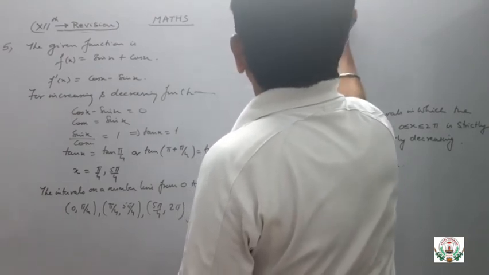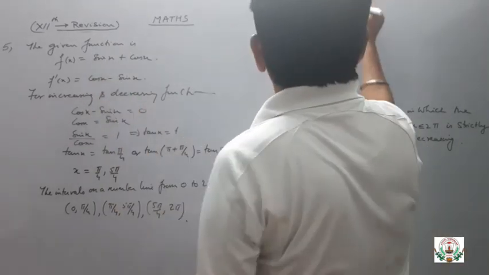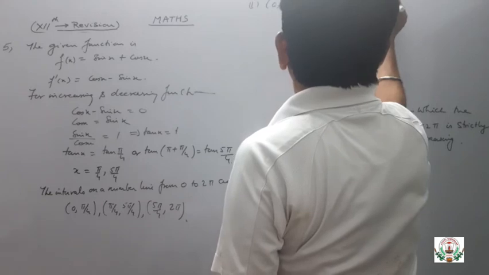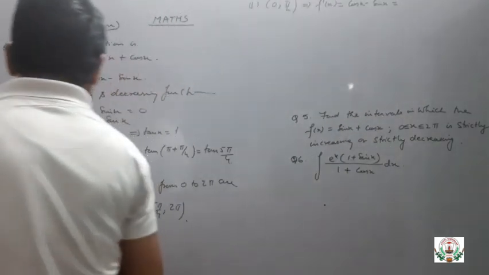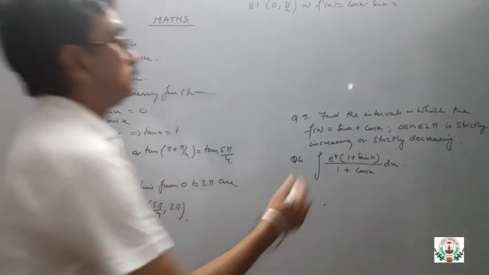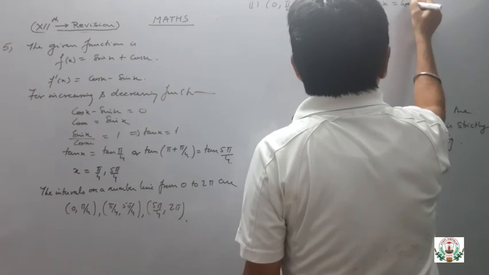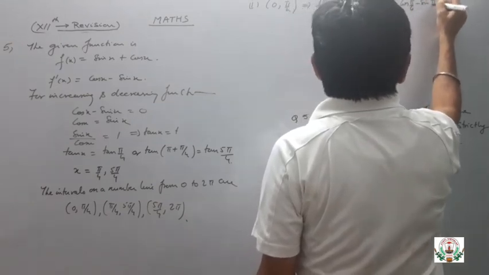our f dash x is cos x minus sin x. In the interval 0 to pi by 4, which means 0 to 45 degrees, we can take 30 degrees, pi by 6.